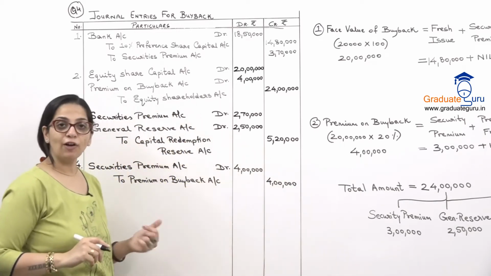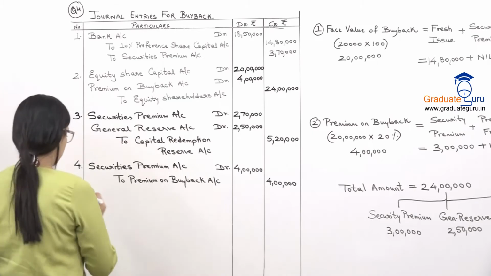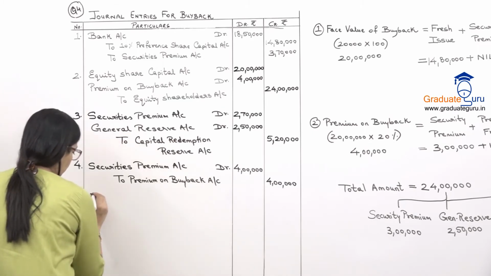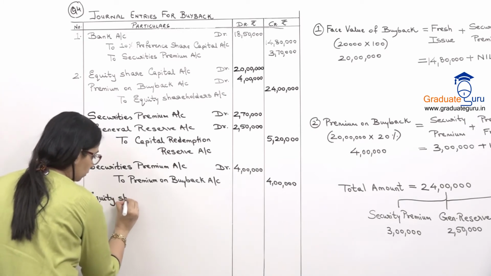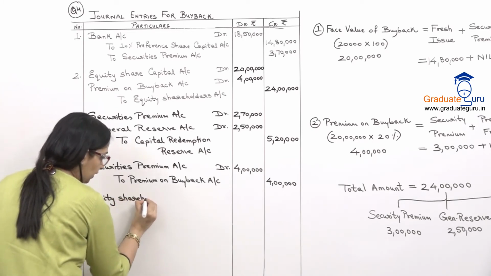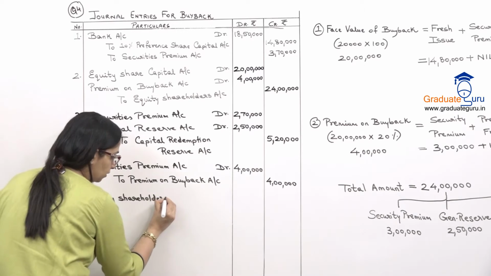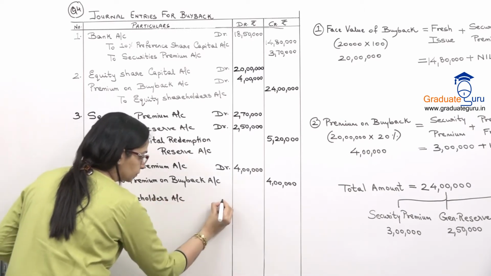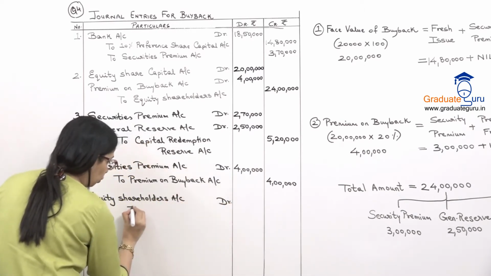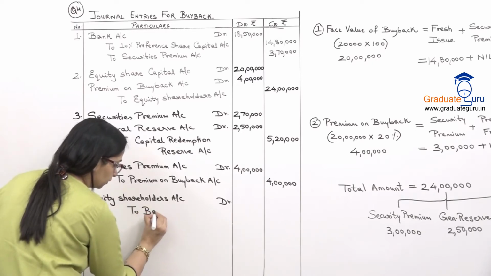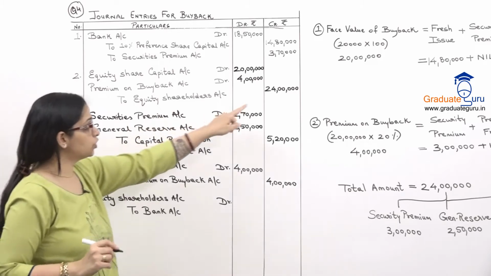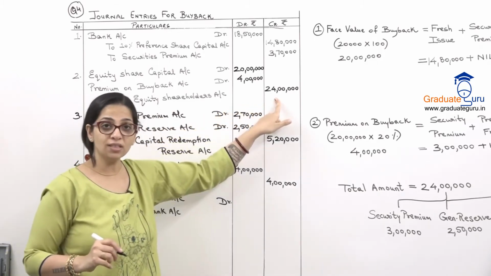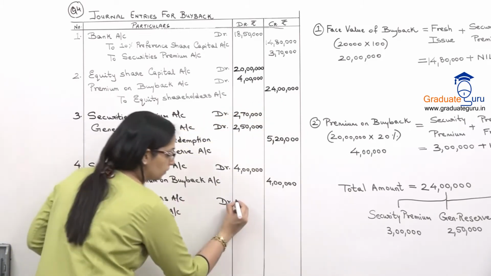Okay, and finally we make the payment. The payment goes to equity shareholders. So equity shareholders account debit to bank with the total amount which we have to pay to the equity shareholders, that is 24 lakhs.